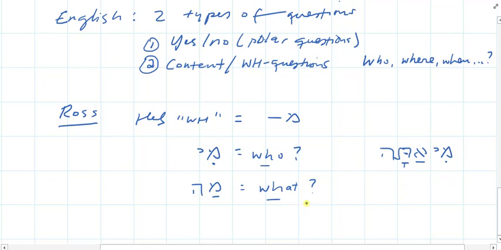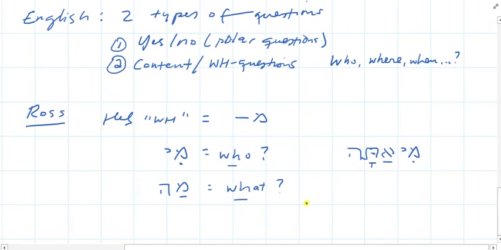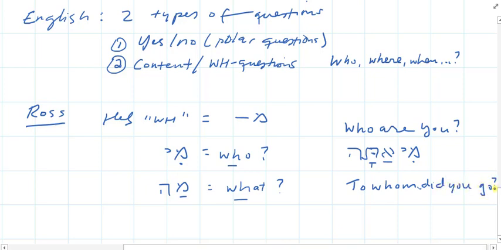Okay? Now, another interesting thing about mi is I can attach prefixes to the mi as part of my question. Because I might want to ask the question something like, to whom? So we'll just jot this down. Who are you is what mi ata is. But I want to say, to whom did you go? All right? How am I going to ask that?